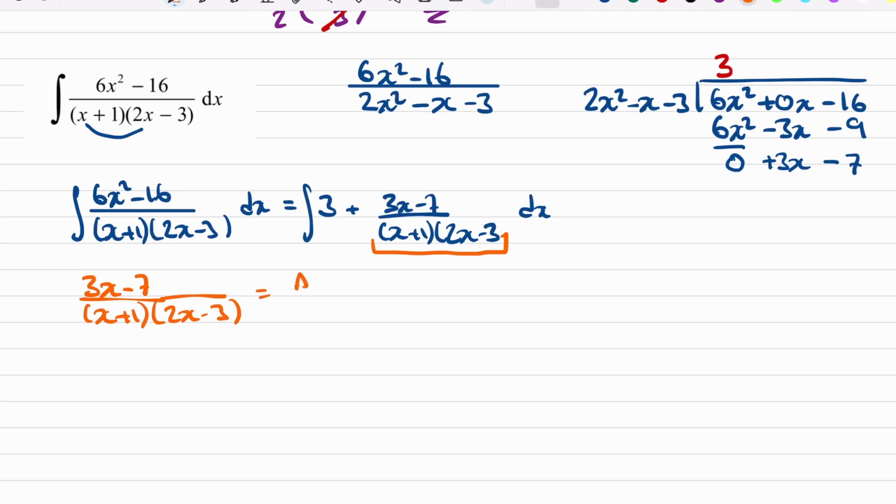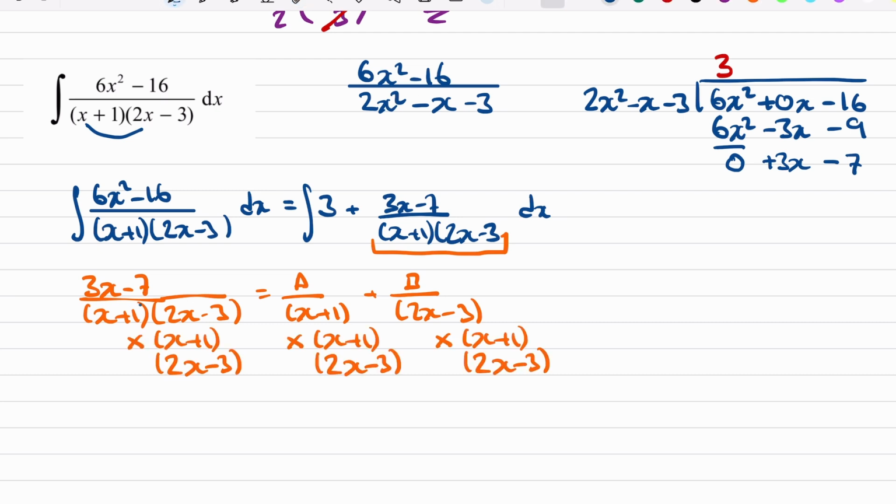This will be a over x plus 1 plus b over 2x minus 3. To work out a and b, we need to multiply both sides by the denominator. The x plus 1 will cancel with this one, and the 2x minus 3 will cancel with this one.